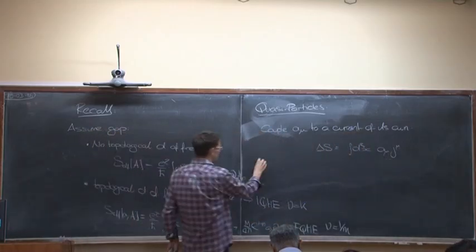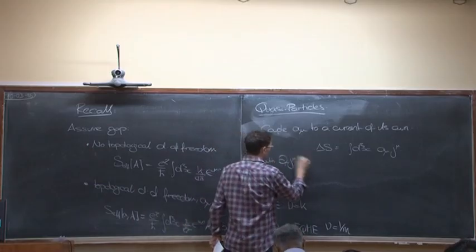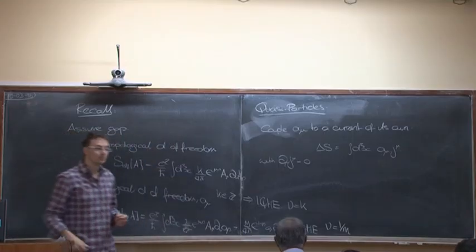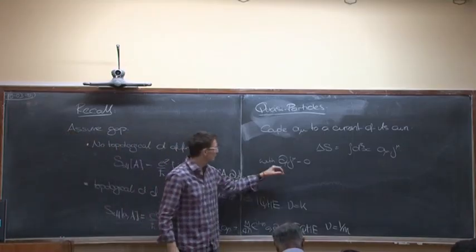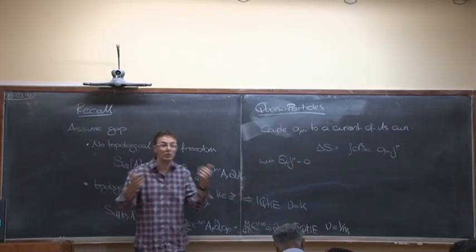Okay. And the only thing we'll insist is that d mu j mu equals 0. Okay. So what do I mean by this? You could implement this in two different ways.